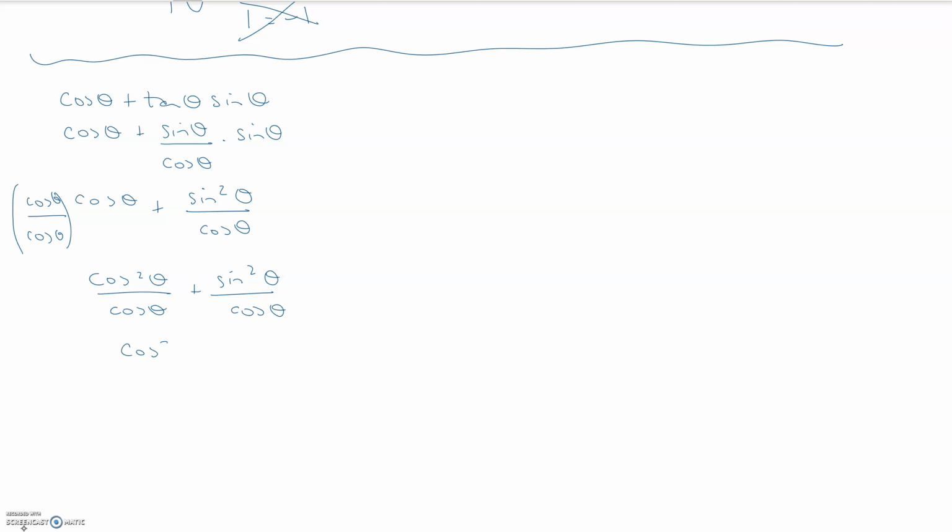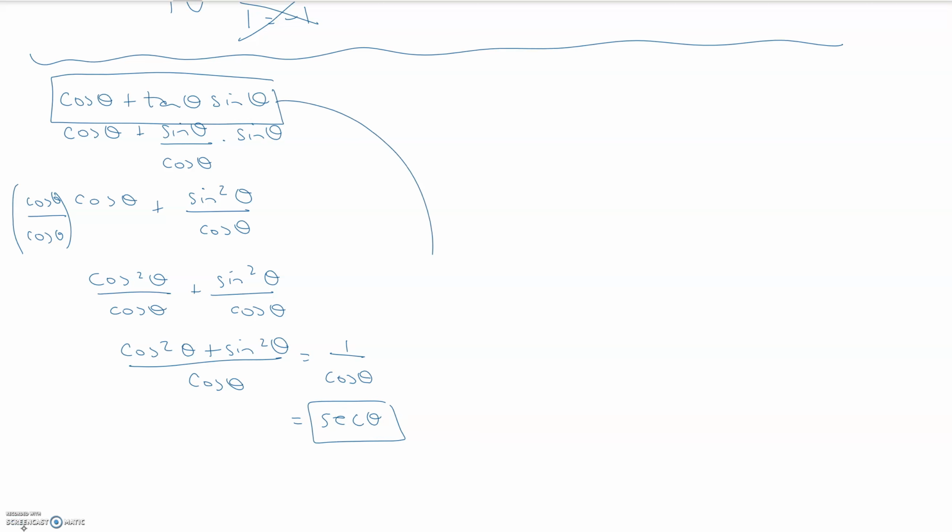That puts us at cosine squared theta plus sine squared theta all over cosine theta. And then cosine squared theta plus sine squared theta is simply 1. So I have 1 over cosine theta, which is secant theta. We simplified this original guy down to just that.